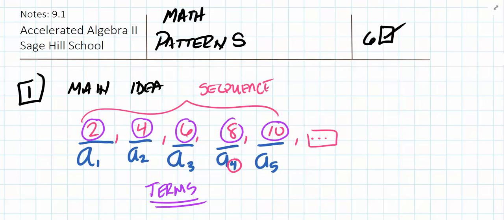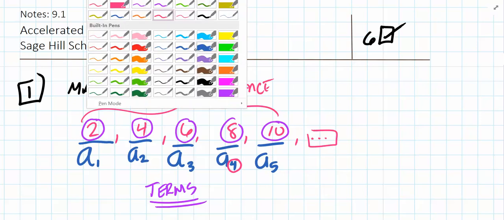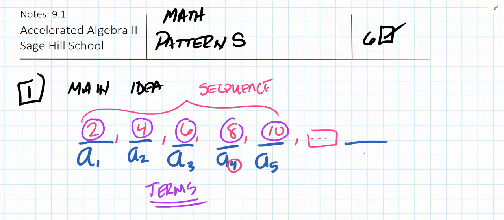The great thing about certain sequences is that they can be thought of as functions. Here's what I mean. You give me a 1, I'll give you back a 2 in this particular case. You give me a 2, I'll give you back a 4. You give me a 3, I'll give you a 6. You give me a 4, I'll give you an 8. There's a one-to-one correspondence there. If I kept going in this fashion, this over here would be the nth term.